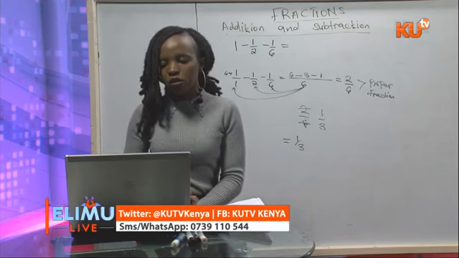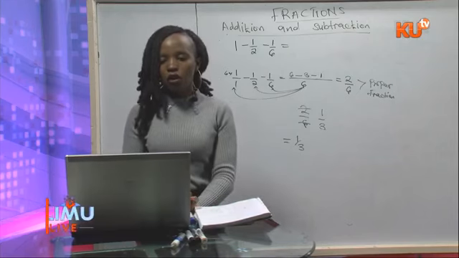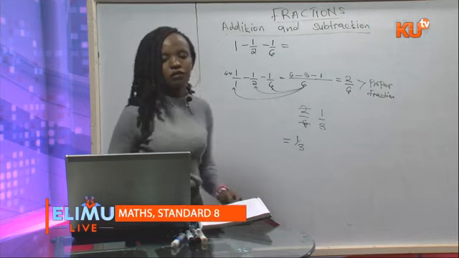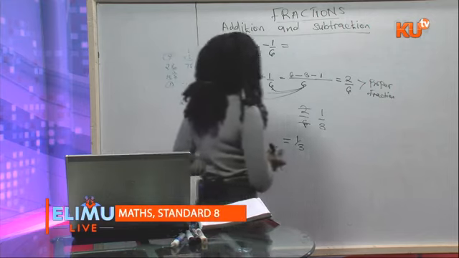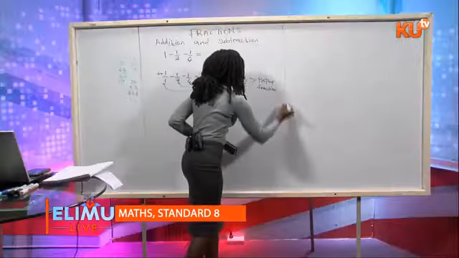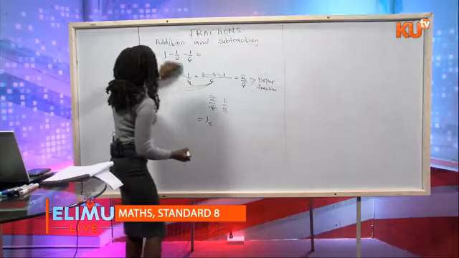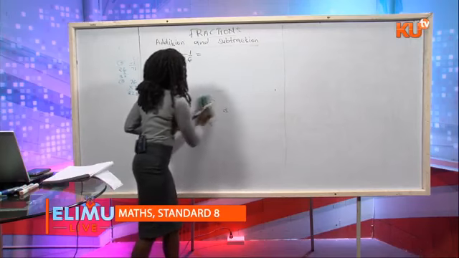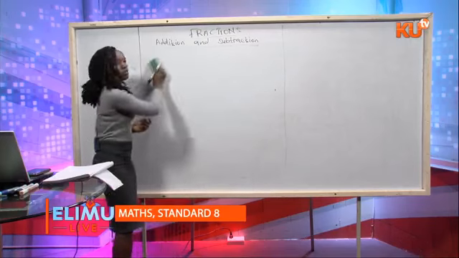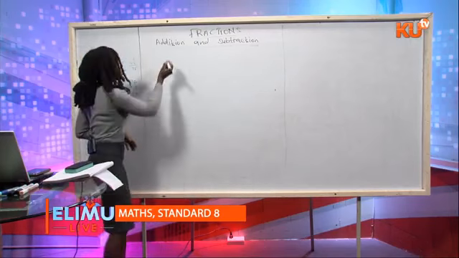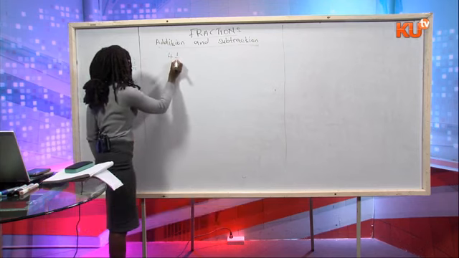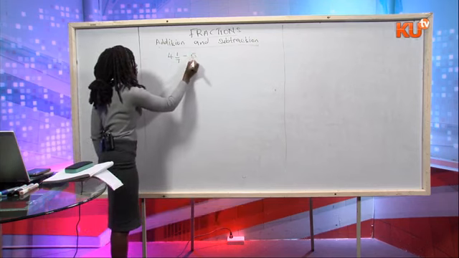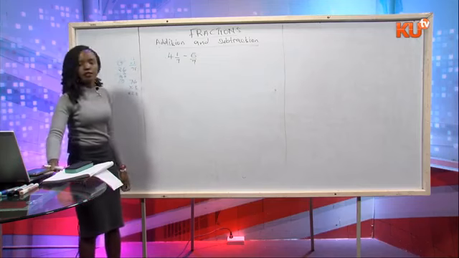Example number 3, we have 4 and a 7th minus 5 sevenths. 4 and a 7th minus 5 over 7.